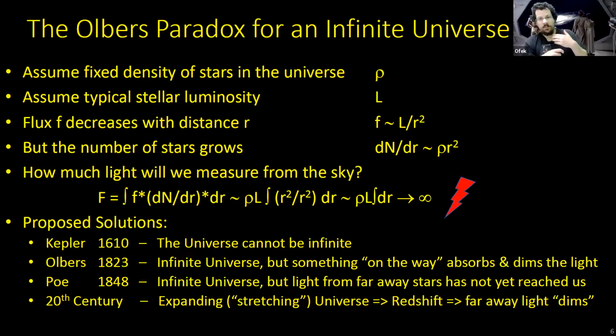Okay, because there's an infinite flux coming from every direction. Is the calculation clear, and is the paradox clear? That is, we do not see a white sky at night, right? We see a dark sky.